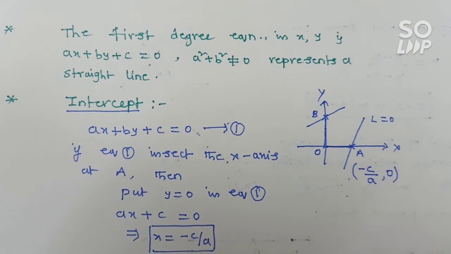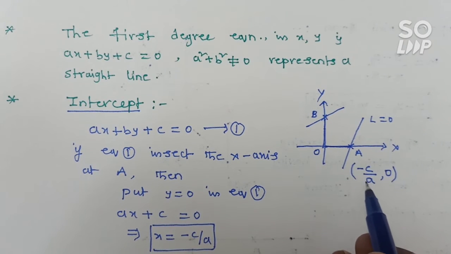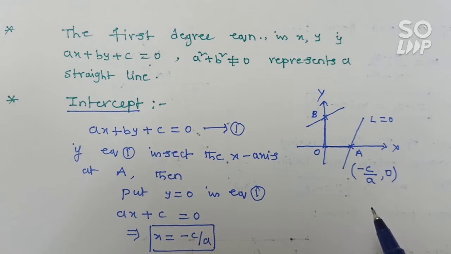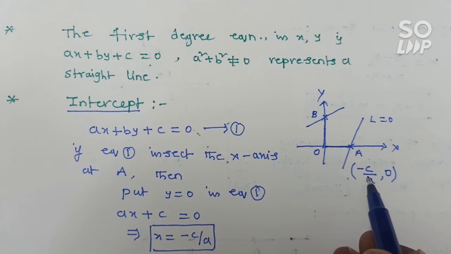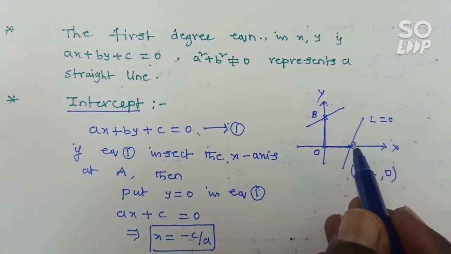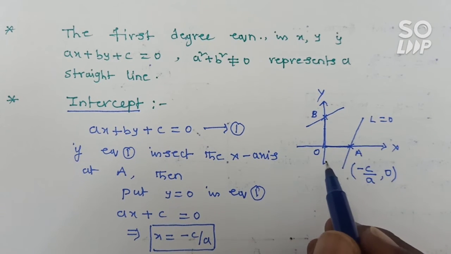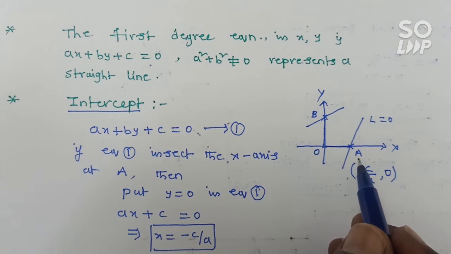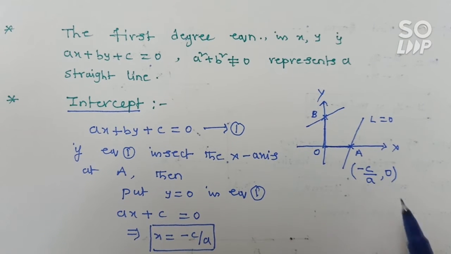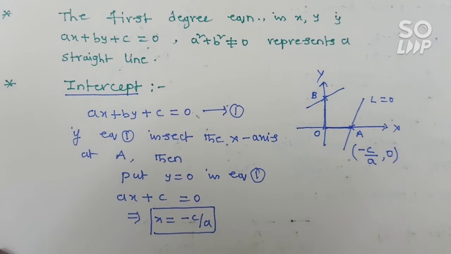So the coordinates of A will be minus c by a comma 0. If any line cuts or intersects the x-axis, the point of intersection will be minus c by a comma 0.